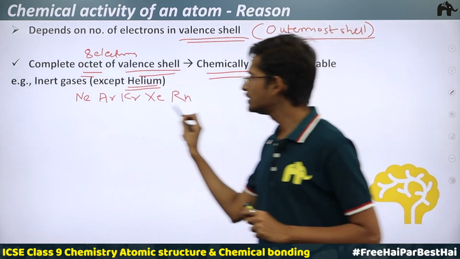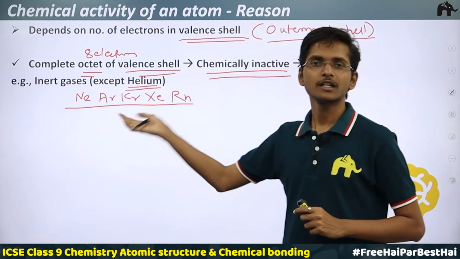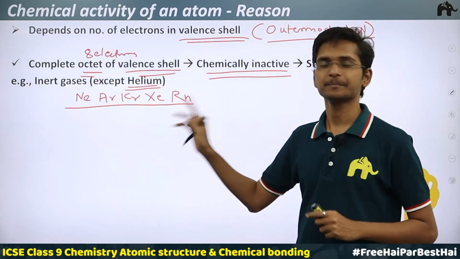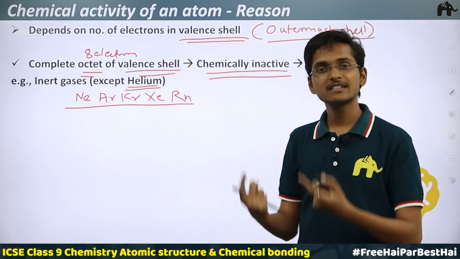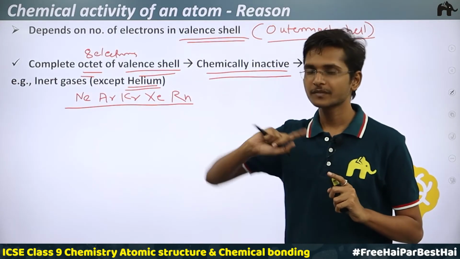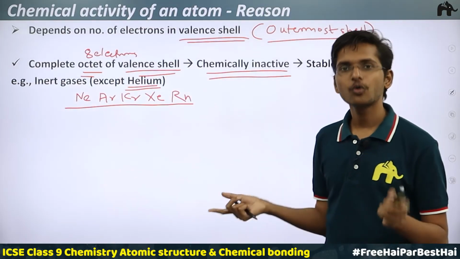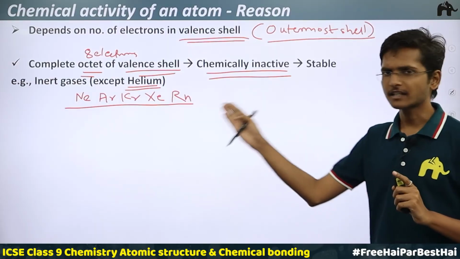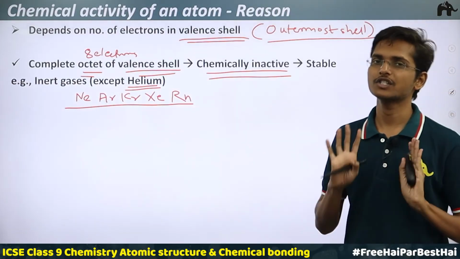The atoms of these 5 elements have 8 electrons in their outermost shell. That's the reason they do not interact with the atoms of their own elements or the atoms of other elements. So we can say they are chemically inactive because they don't interact, and in turn we can say that they are stable.